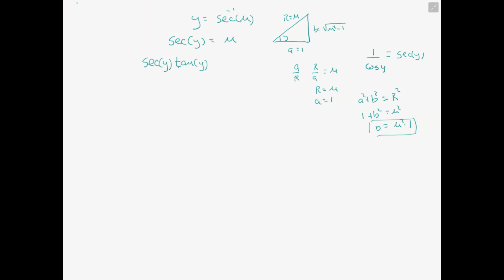So now we can get on with our problem. Our derivative of secant y is secant y tan y from our trigonometric derivatives. dy/du equals d/du of u. So dy/du is 1 over secant y tangent y.